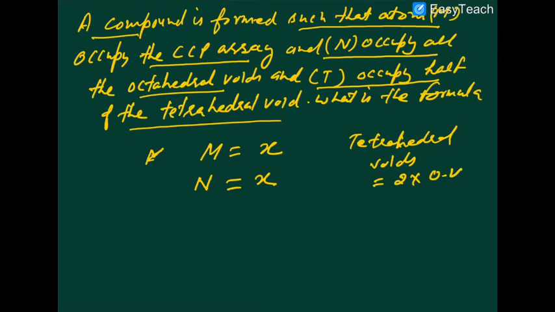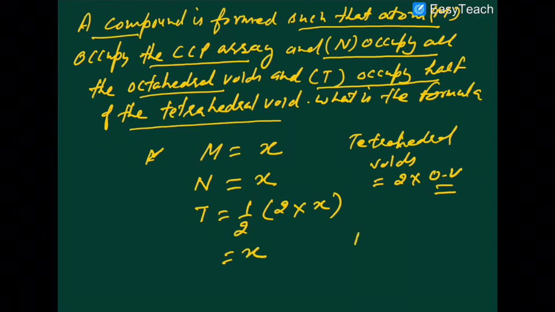So T occupies half of the total tetrahedral voids, which is X, so the answer will be X also. So atoms M, N, and T are all X. So the ratio will be the same, and MNT is the formula of the compound. Are you getting that?